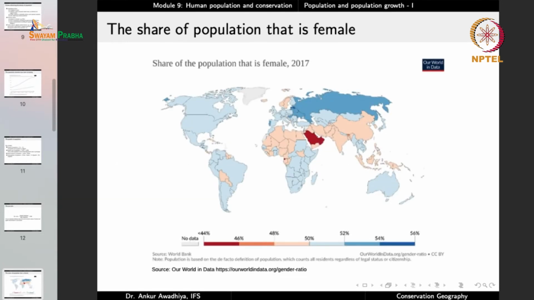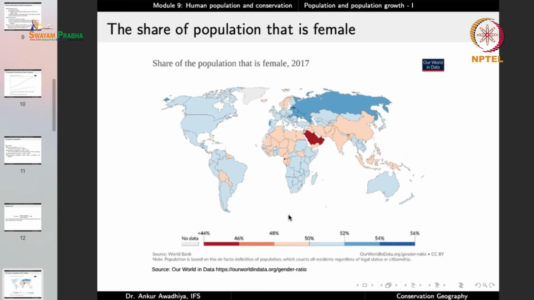And around the world, we'll find that the sex ratio varies a lot. Now, this map is showing the share of the population that is female, which is another way of telling the sex ratio. In certain areas, we find that less than 46% of the population is female.